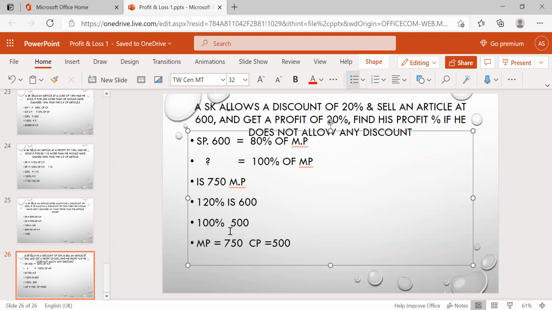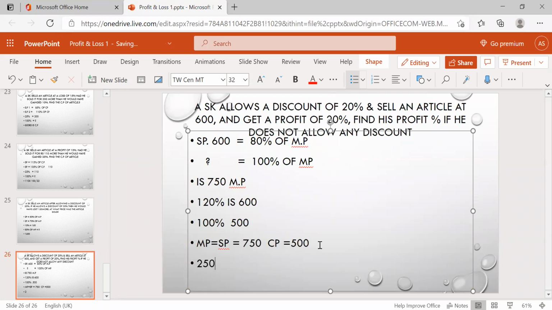So the mark price equals the selling price equals 750 rupees, and the cost price, you know, is 500 rupees. Now we know the calculation of percentage. So selling price minus CP, so 250 out of 500, always calculated on the cost price, right?